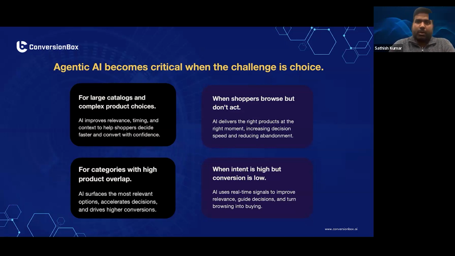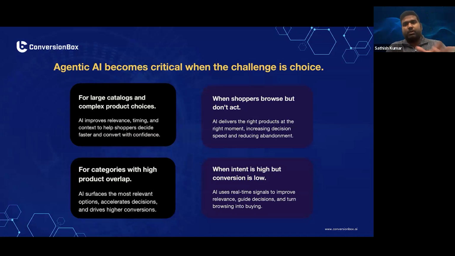When the shopper browses and doesn't act, the system can understand the user is not able to find the right product and proactively ping them for any help they require. For categories with high product overlap, too many products, products with too many options, or products available in multiple categories, the system can help.